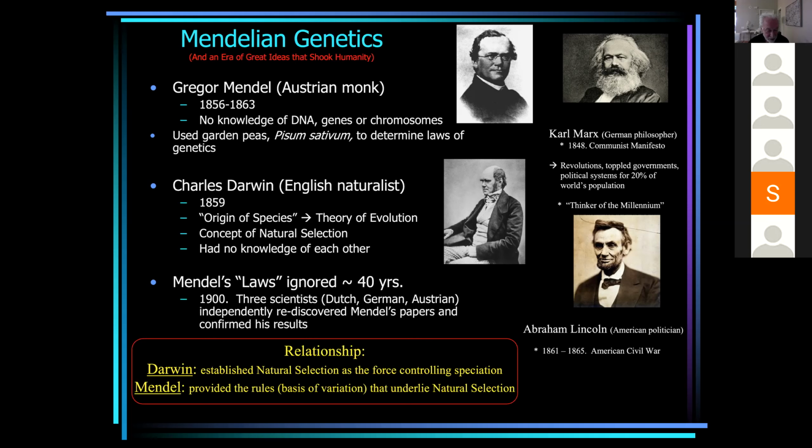Because the relationship is here at the bottom of the slide in yellow. Darwin established natural selection as the force controlling speciation, and Mendel provided the rules for it, the basis for variation that underlie natural selection. So the two go hand in hand, even though the individuals who came up with these great ideas didn't work together, didn't know each other.